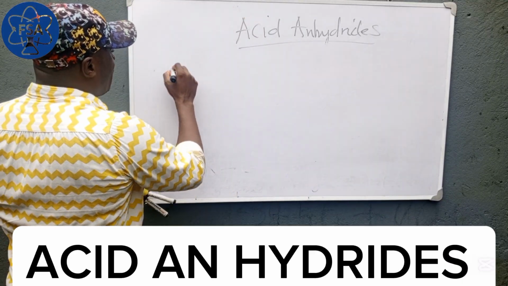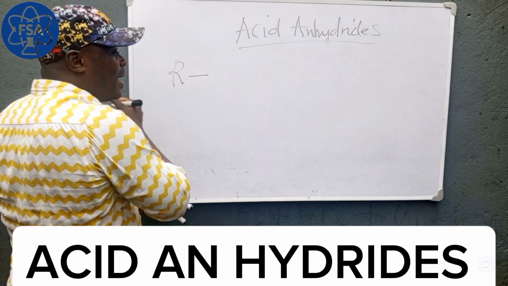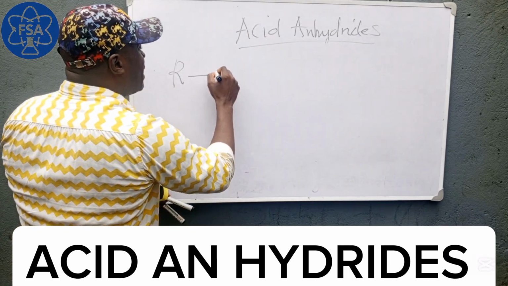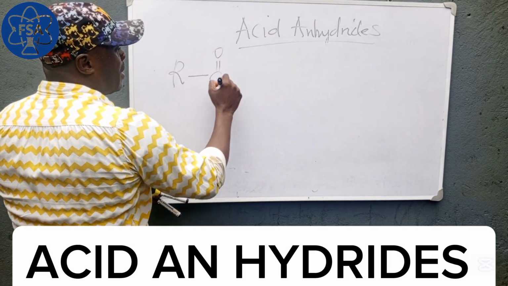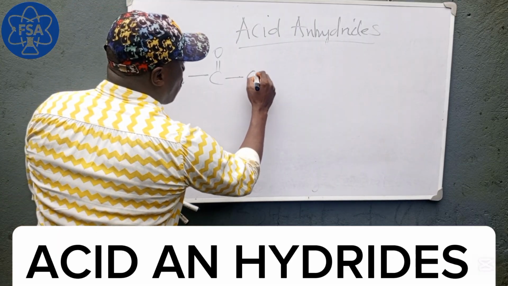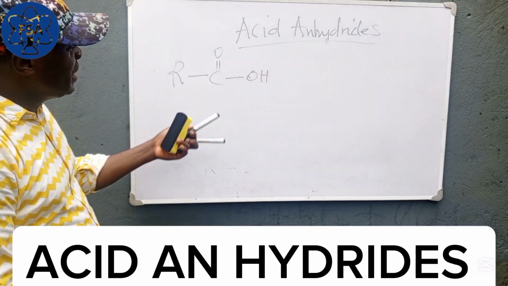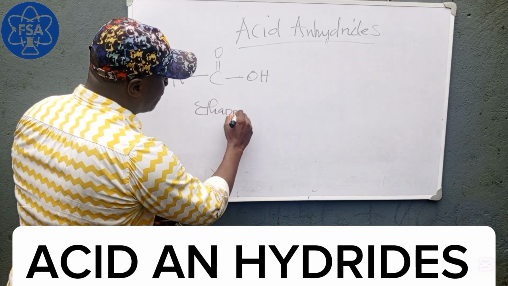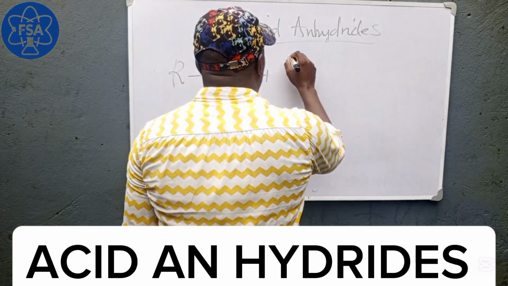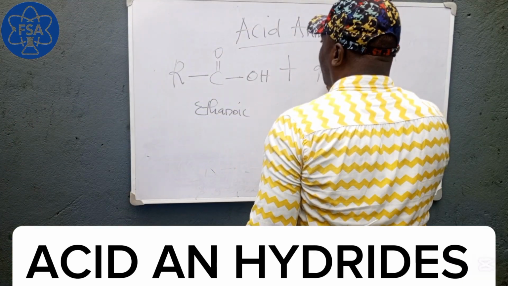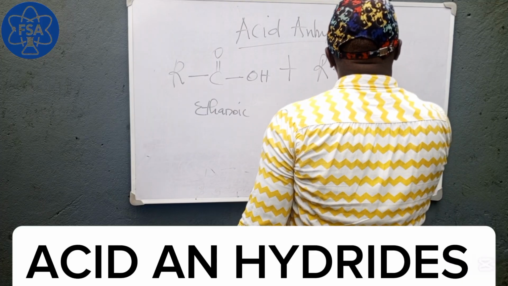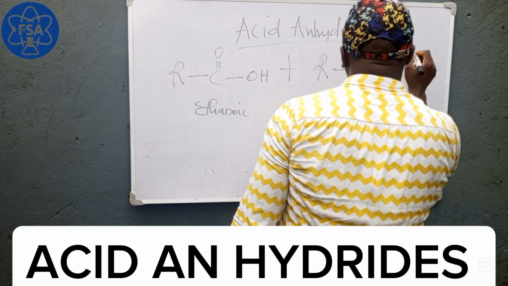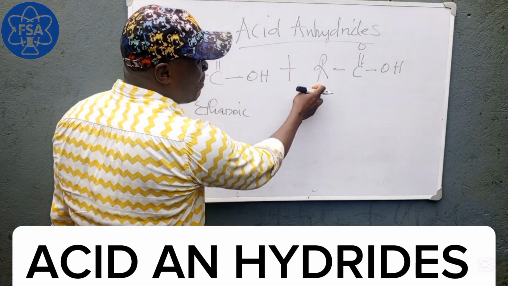For example, we have our arrow, then we also have OH here. So this is an ethanoic acid. Then we have another ethanoic acid, which is arrow, OH. This is a methyl group.